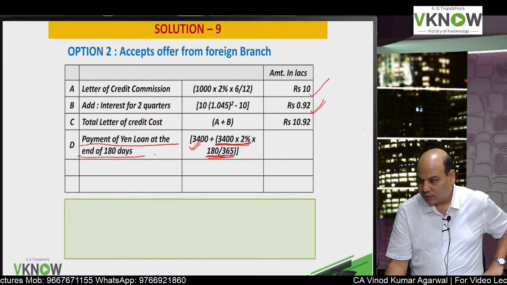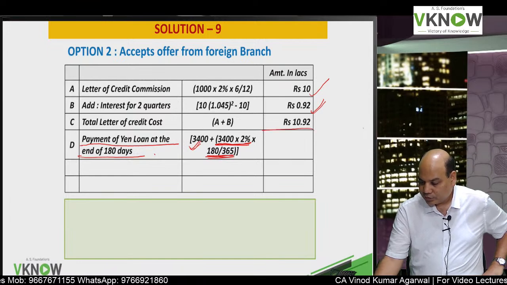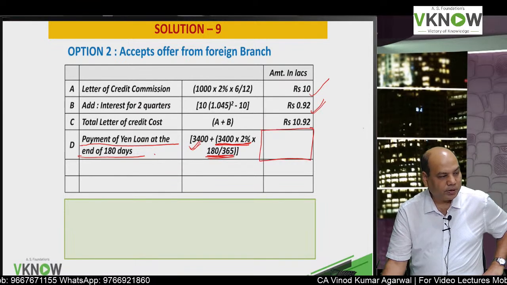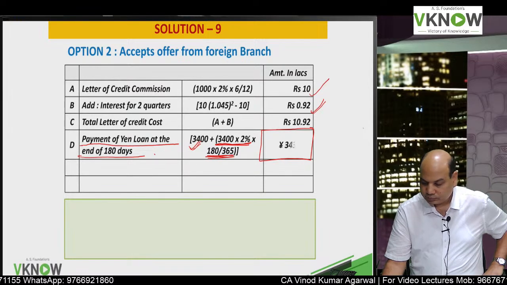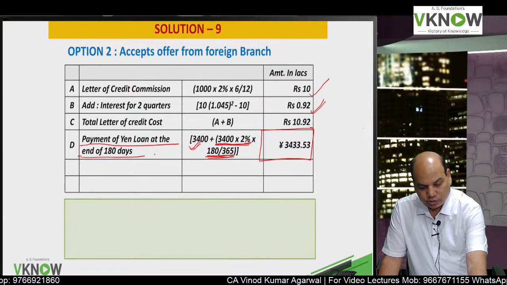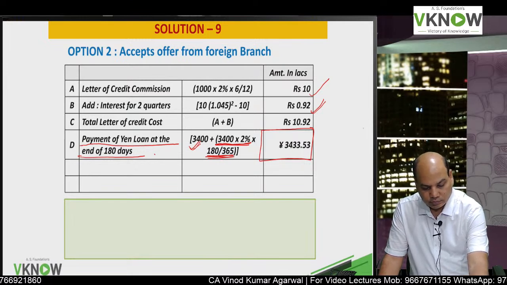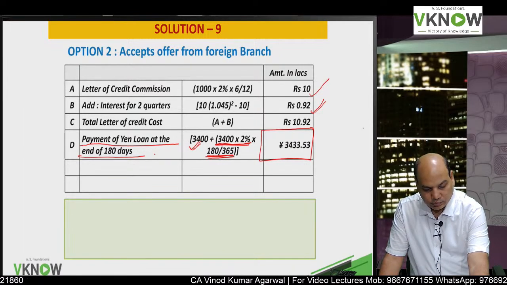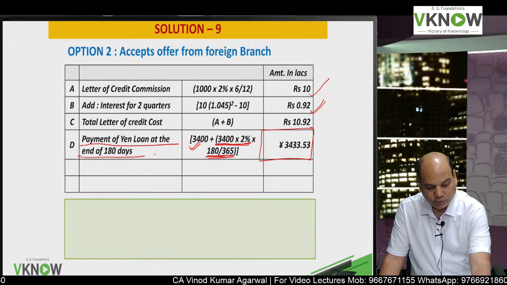So kindly tell me the final figure here. Interest plus principal. Come on. 3433.53.